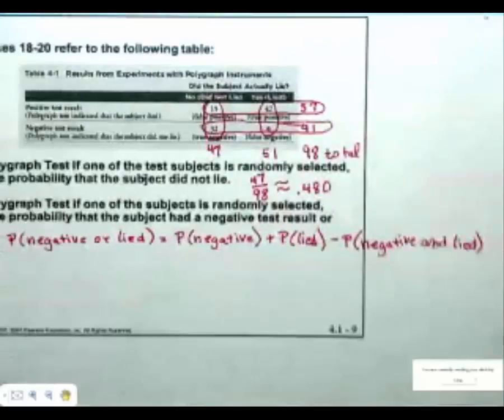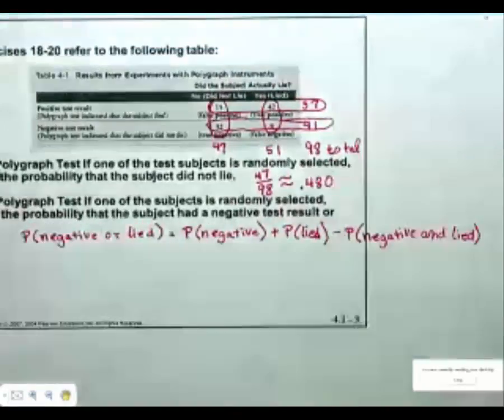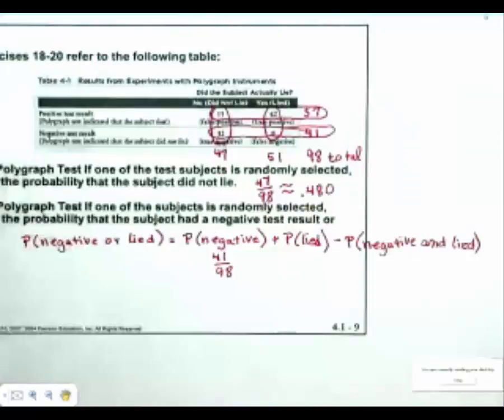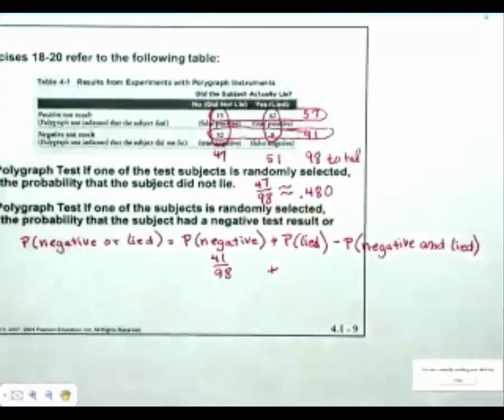All right, how many negatives? How many negatives total? This is the negative row. It's 41. Probability of negative is 41 over 98. What's the probability of randomly picking a liar?